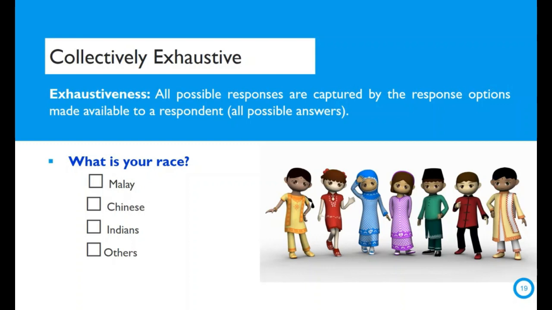You ask them, what is your race? You just include Malay, Chinese, Indians. So what about other races from other countries? If you include Others here, then you are including all possible answers. So this is the meaning of collectively exhaustive.